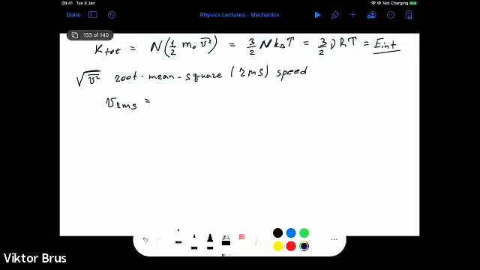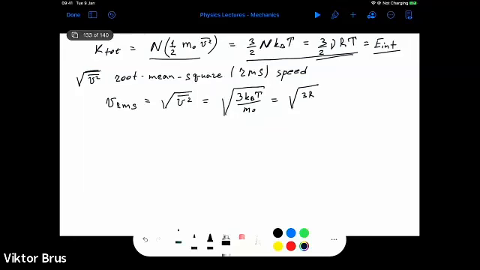So V_RMS is equal to, as we already gave the definition, square root of v square average, equal to, from these two equations, square root of 3 k_B times T divided by m0, or if we want to express it via the universal gas constant, square root of 3RT divided by M, the molecular weight.